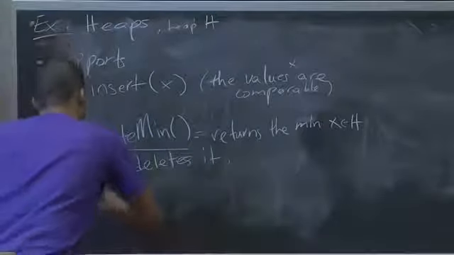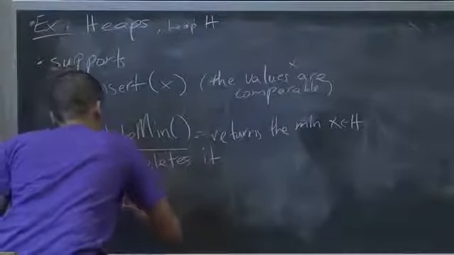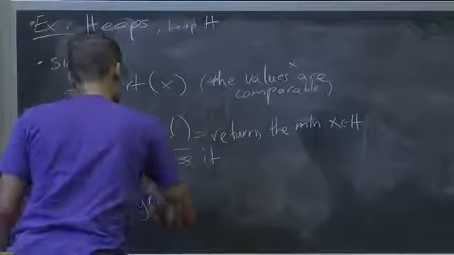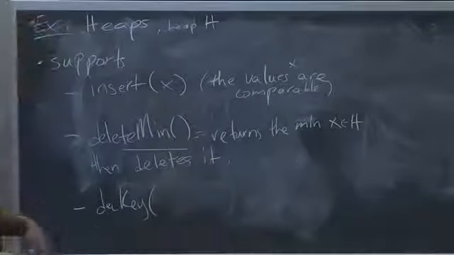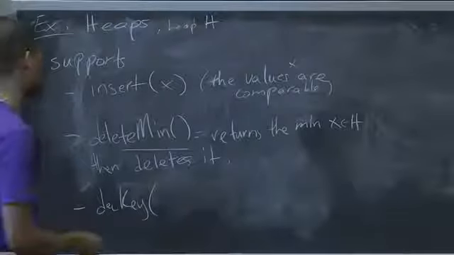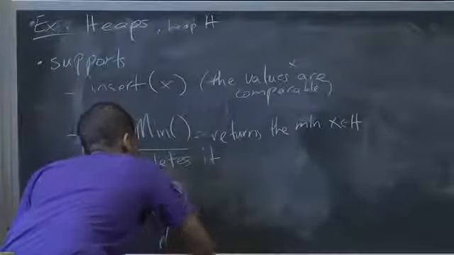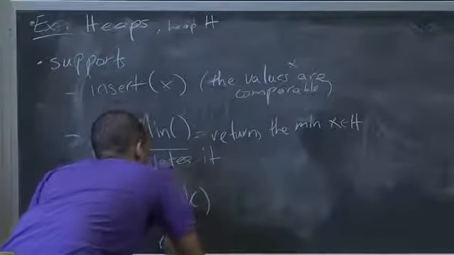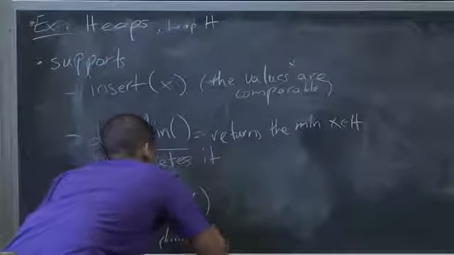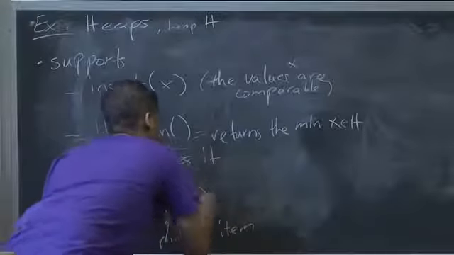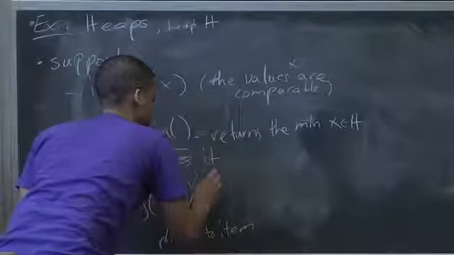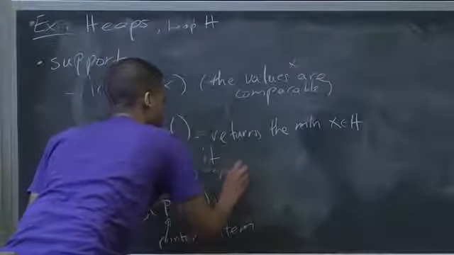And then there's decrease key, which takes a pointer p to some item in the data structure, and a key k, a comparable element.